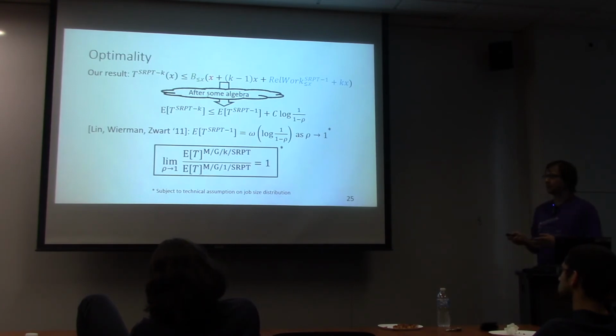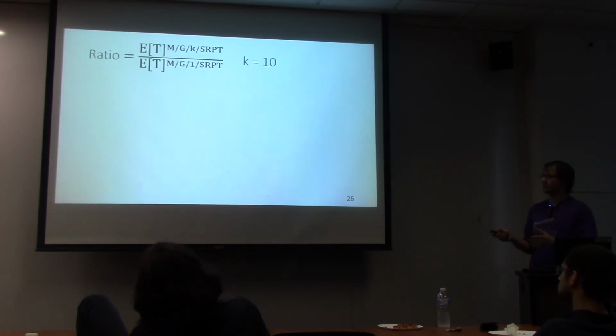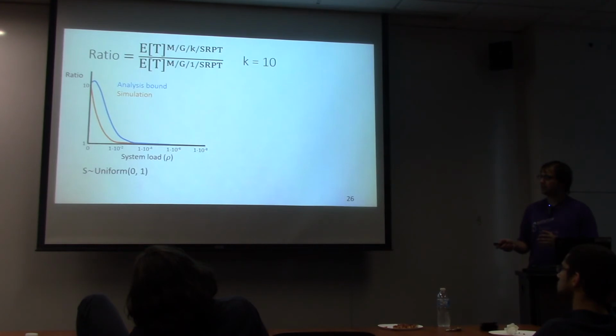All right. So now let me show you what it looks like that this ratio is converging to 1. So I'll show you what this ratio, mean response time for all jobs under SRPT-K over SRPT-1, for a specific system with k servers. So this is a system with uniform job size distribution between 0 and 1.